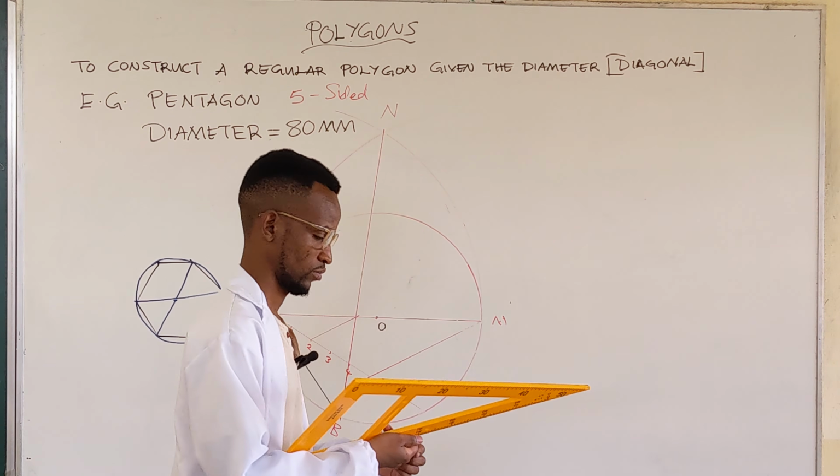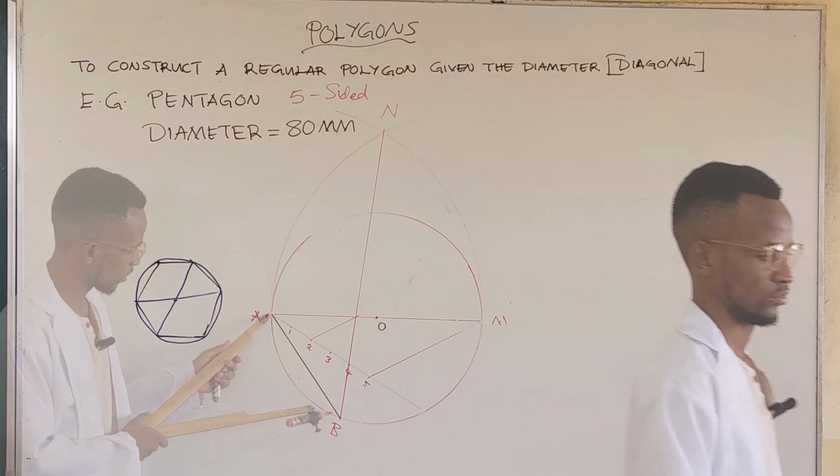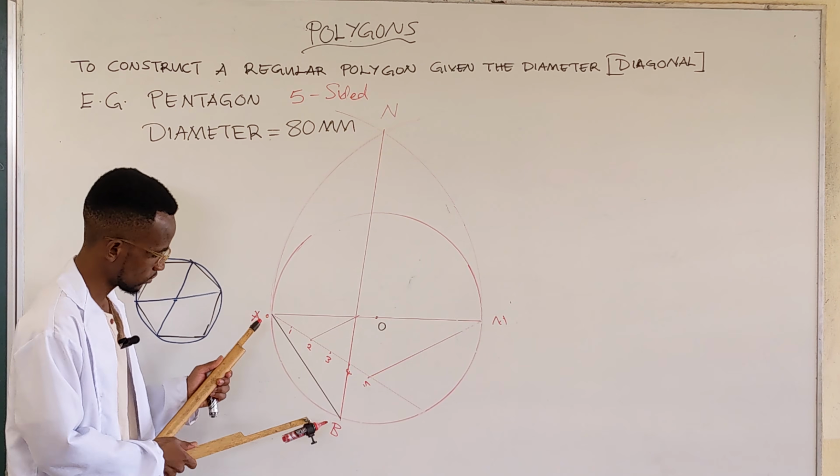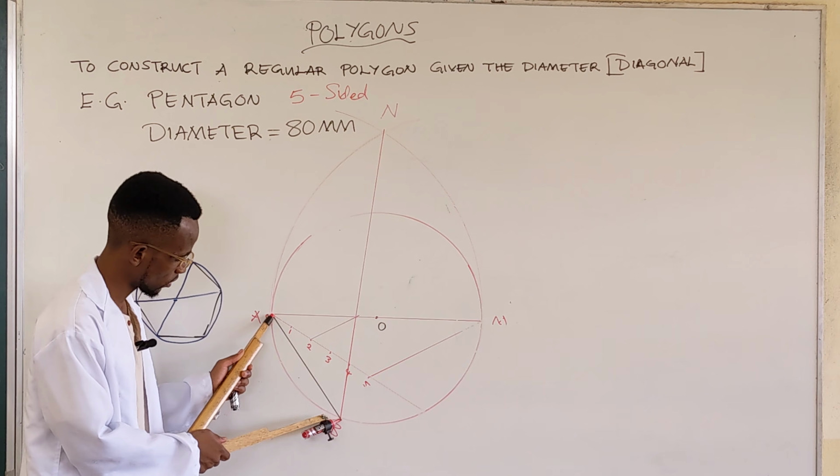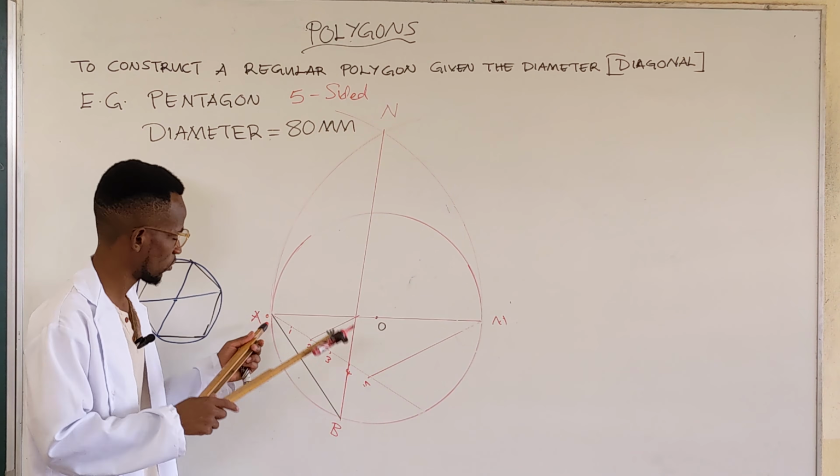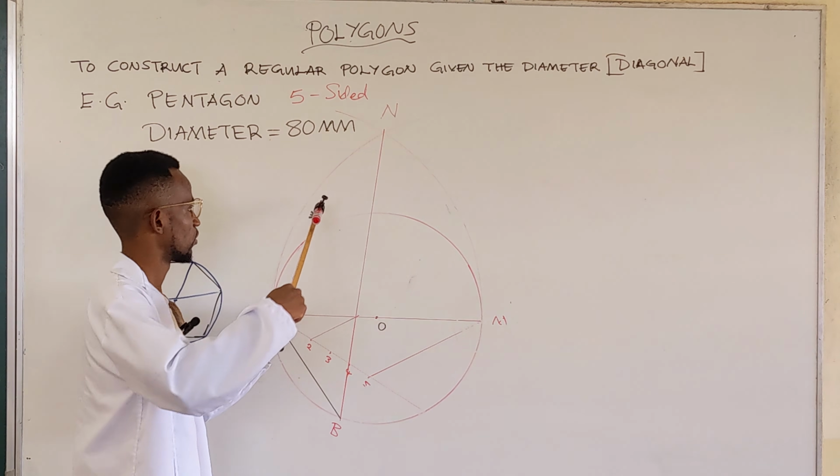Since we are dealing with a five-sided polygon, the length AB will be the length of your polygon, right? So from there, you will strike an arc.